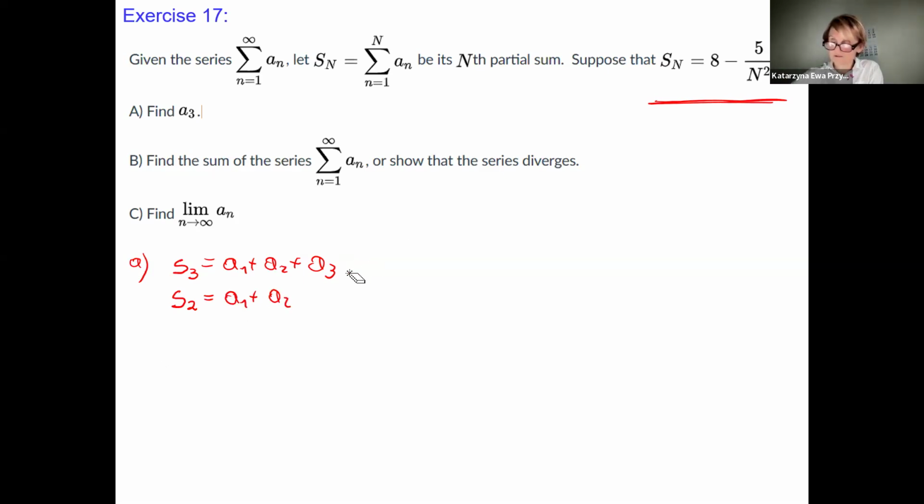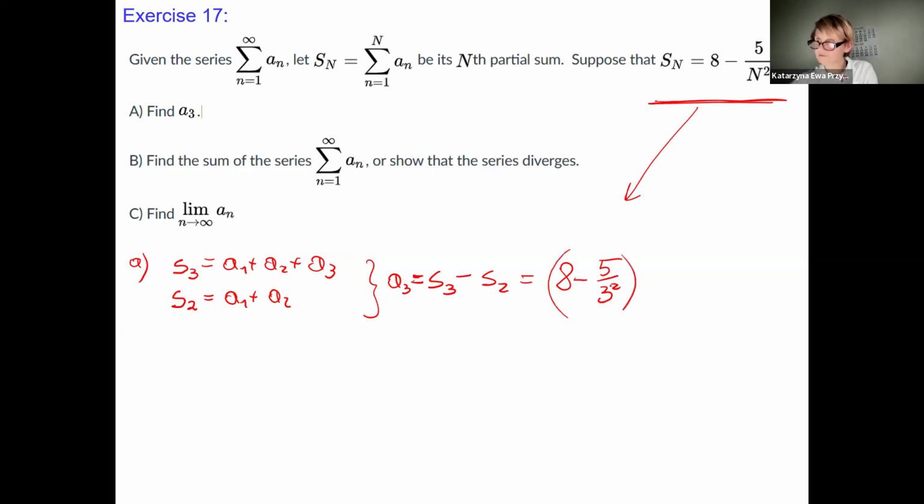When we take s sub 3 minus s sub 2, we will just end up with the third term, correct? And s sub 3 will be 8 minus 5 over 3 squared, because we have the formula, minus 8 minus 5 over 2 squared. Just using this formula: 8 minus 5 over 9, minus 8 plus 5 over 4, that is 5 over 4 minus 5 over 9.